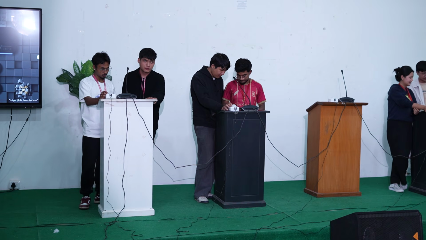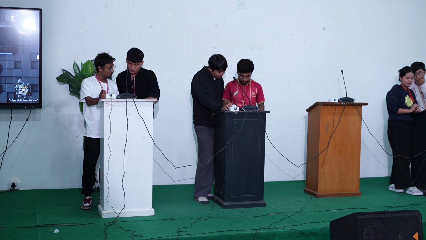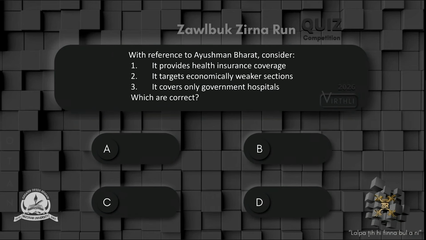Let's try this again. Your next question is this. With reference to Ayushman Bharat, consider. Number 1, it provides health insurance coverage. 2. It targets economically weak sections. 3. It covers only government hospitals. Which are correct?